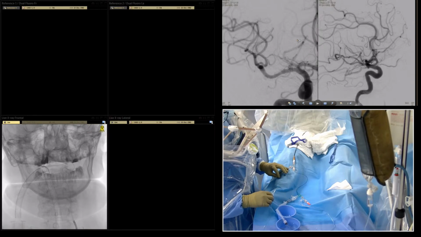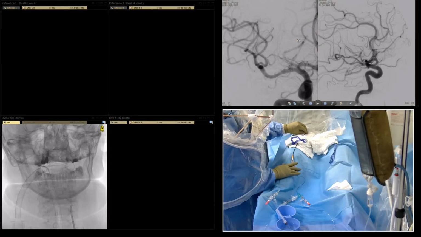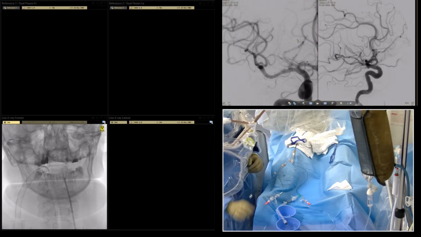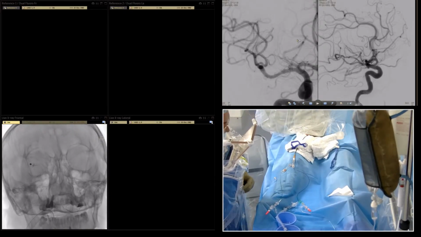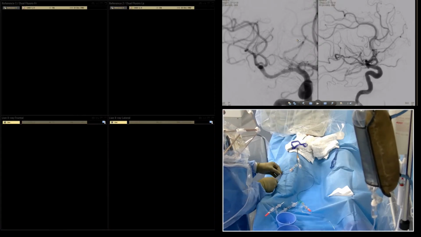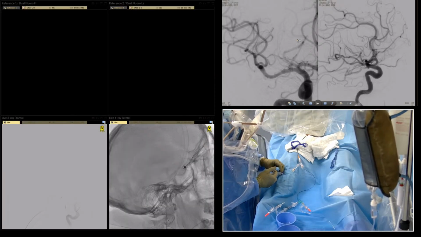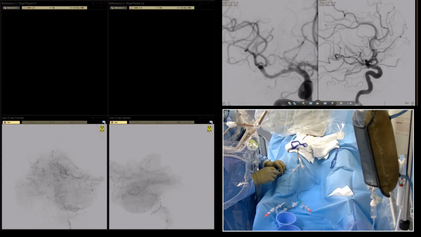Maybe at one point we should change the intracranial pressure. We should drain subarachnoid space. That's why I prefer to occlude the basilar aneurysm. Yes, it's okay.